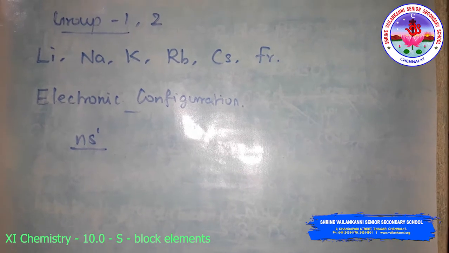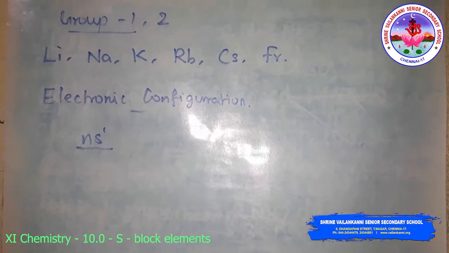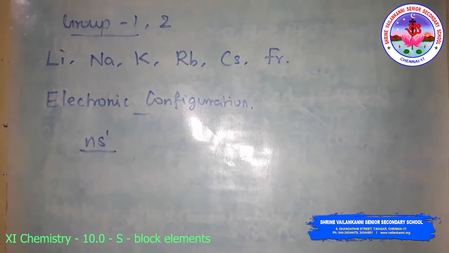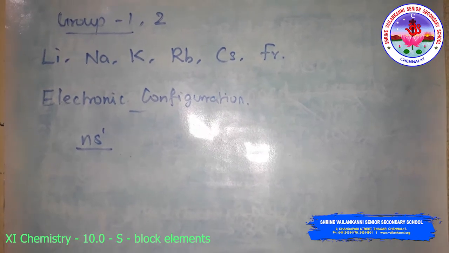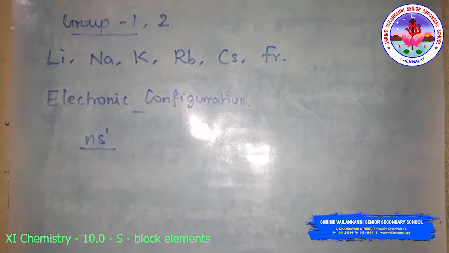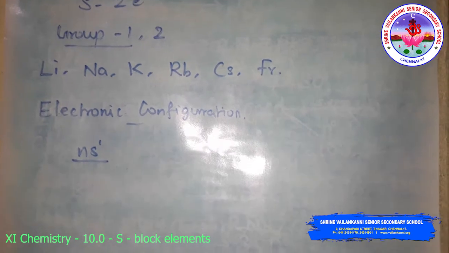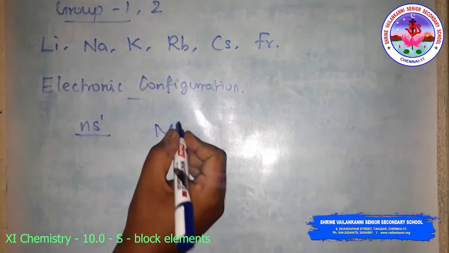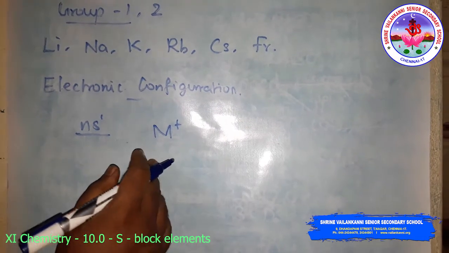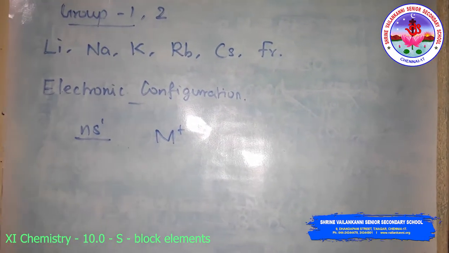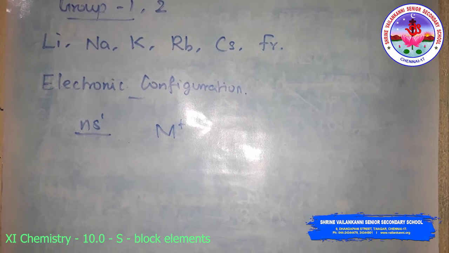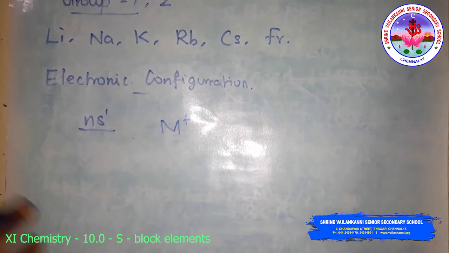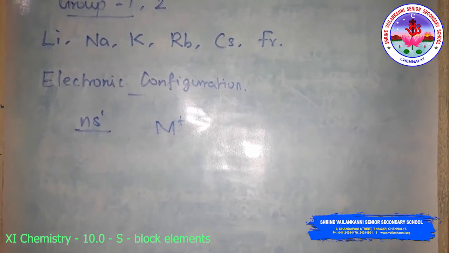The loosely held outermost s electron makes them the most electropositive metals. They readily lose the electron to give monovalent metal ions, that is Na+, K+, Li+. Hence they are not found in the free state in nature.